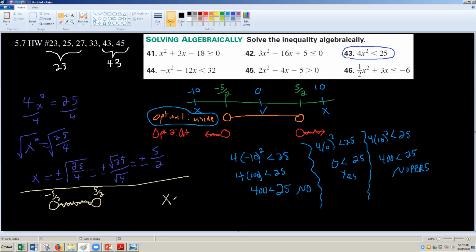I'm saying x is less than the thing on the right, which is my positive 5/2, and then is greater than my negative 5/2. When we're writing these things out, I would always write out the pieces, and then connect the signs. This is the final answer I should see. If it said solve and graph, then this is what the graph would look like. But this is my final answer here. Thank you, Damon.